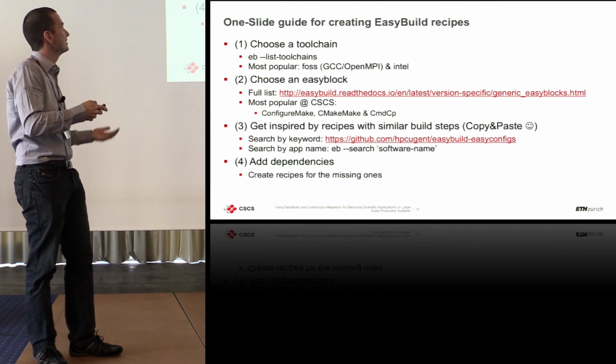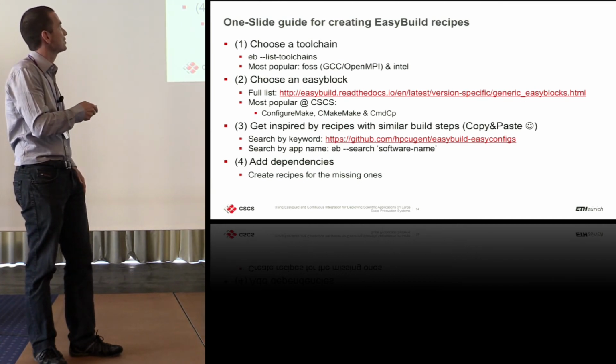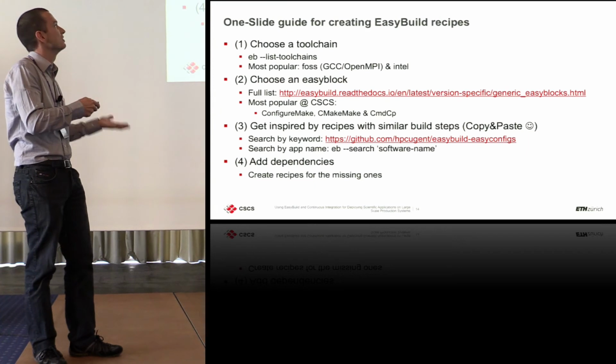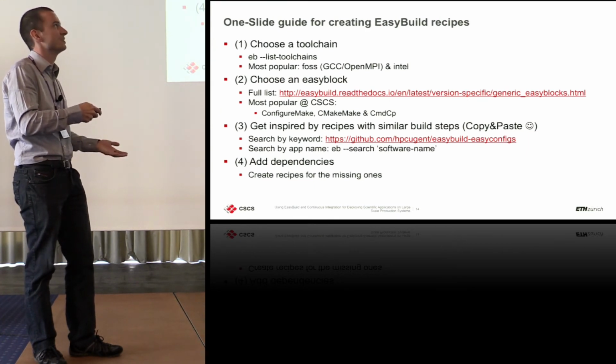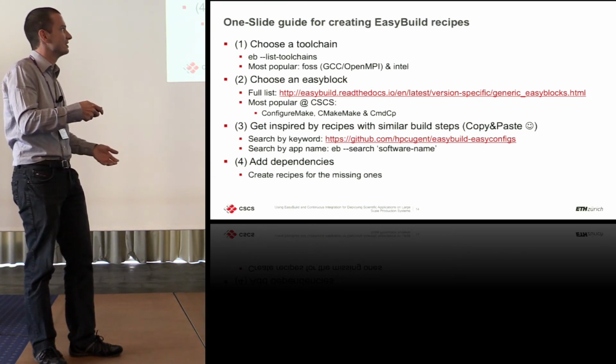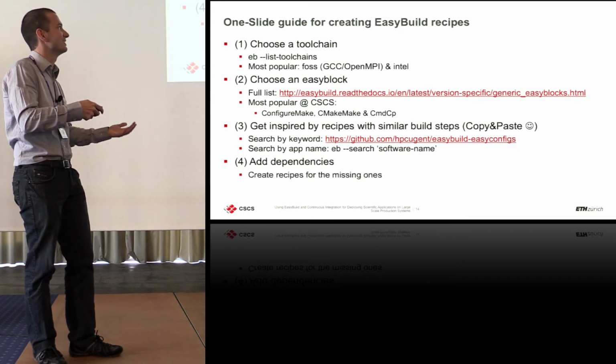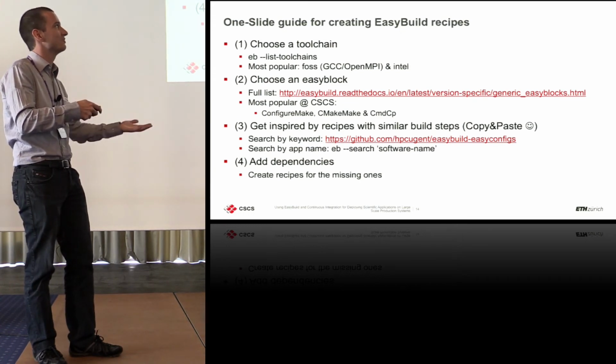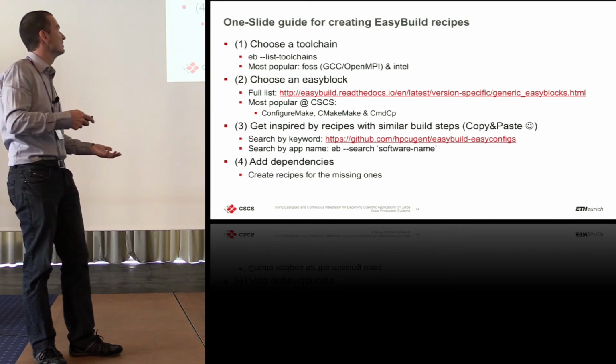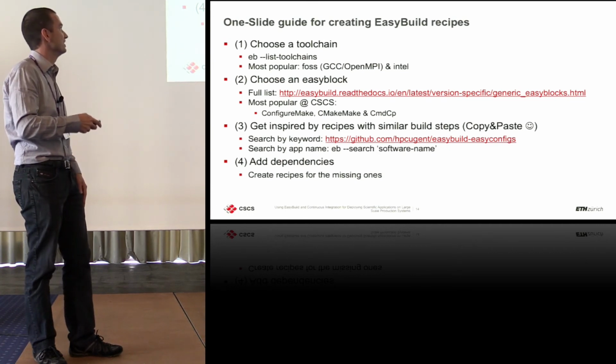The third step is to find a recipe that is doing a similar thing to what you do. Typically you just search the repository by keyword, and then you're going to find a recipe that is doing more or less the same thing, and then you copy paste. This is not science, this is just best practice. Try to find software that is doing a similar thing, and then you just adapt to your needs.